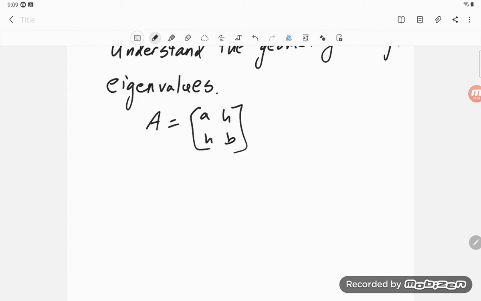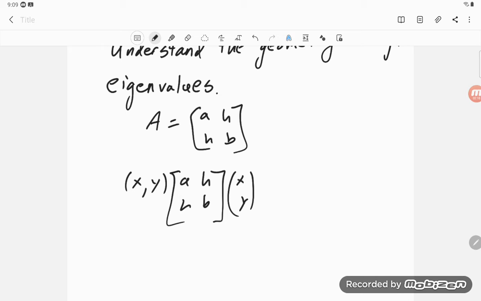So it's a real symmetric matrix, real valued symmetric matrix, and so we could have this as x y times the matrix a, h, b times x y, like that. So there's our quadratic form, and that takes care of the a, b, and h.